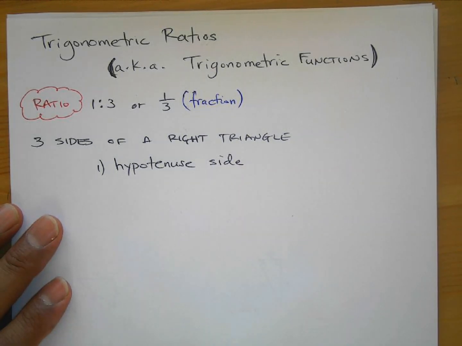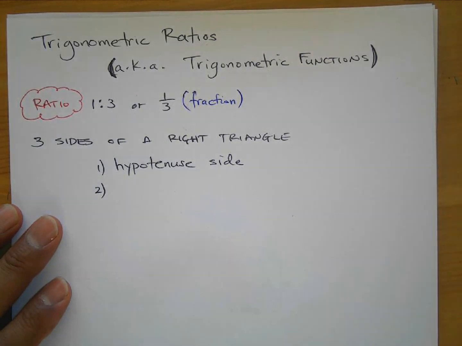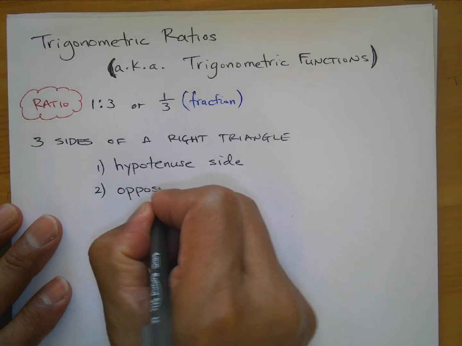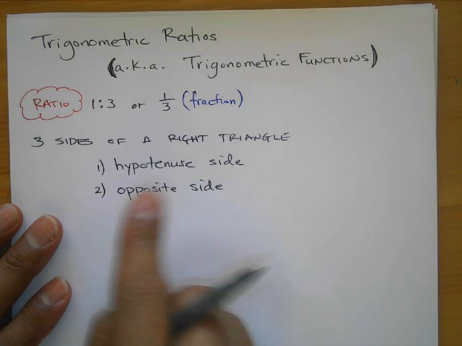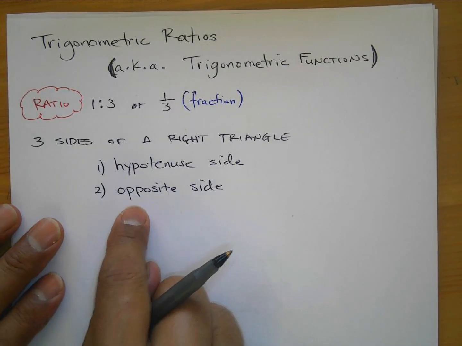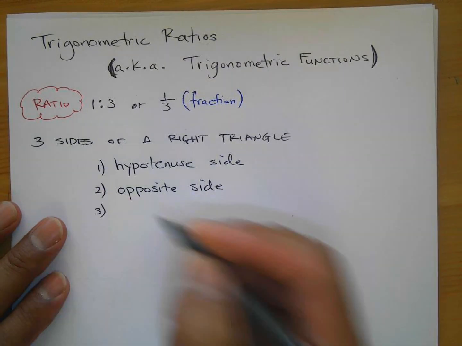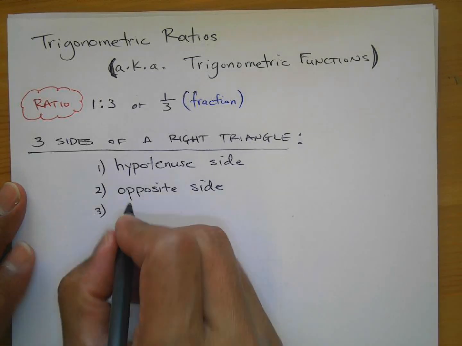Right, that one's the diagonal side. Then what's the second one you want to identify? The opposite side. And remember, that's the one you have to be careful with. That's the one that's opposite of the angle. And then finally, third is what? The adjacent side.